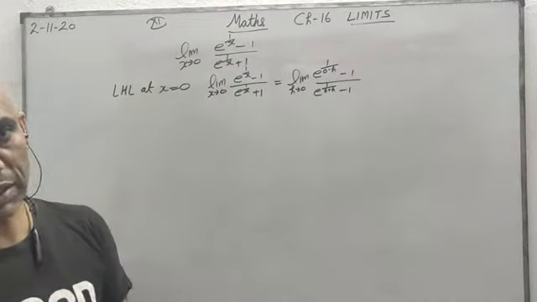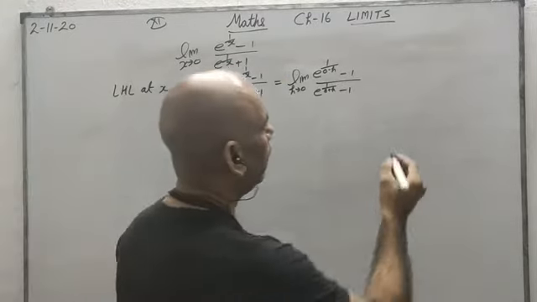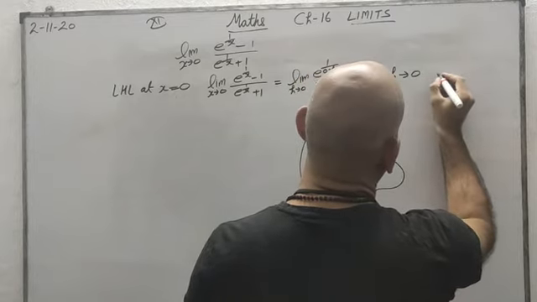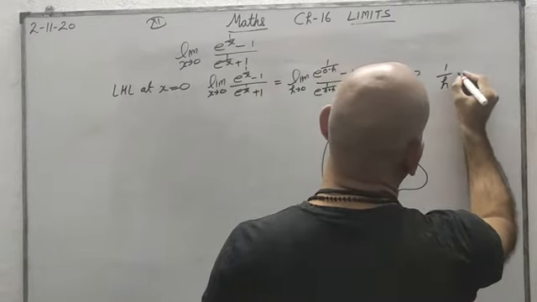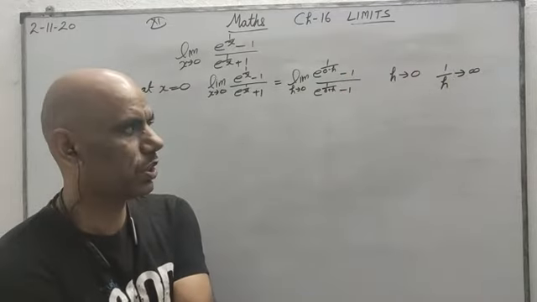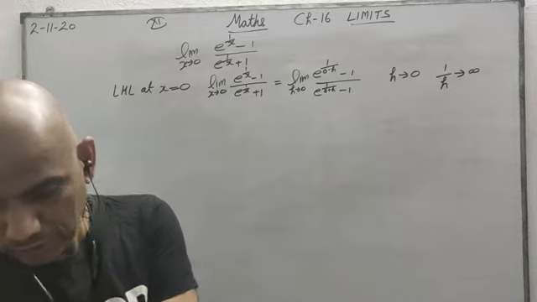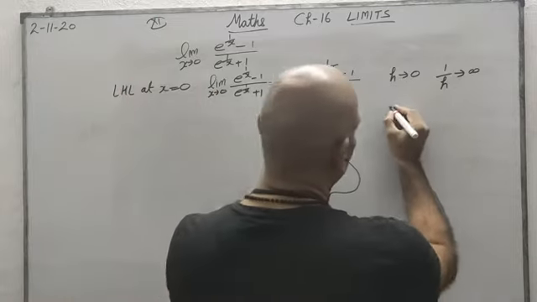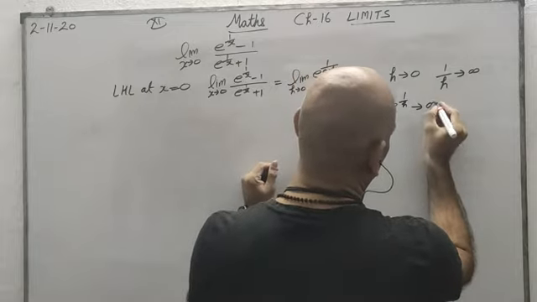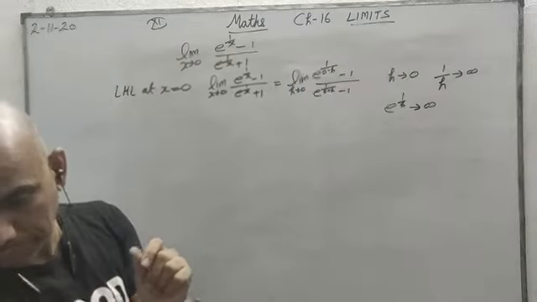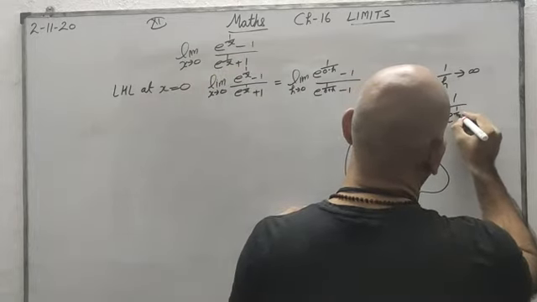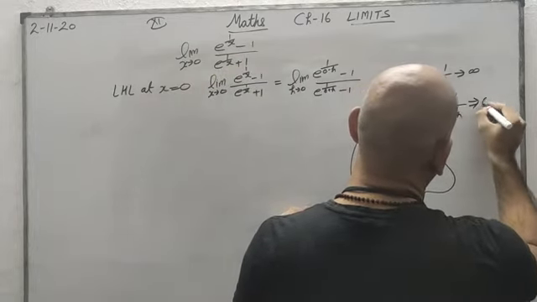But before this, let me explain one thing. When h tends to 0, 1 upon h tends to infinity. Then e to the power 1 upon h is infinite, so 1 upon e to the power 1 upon h will be 0.